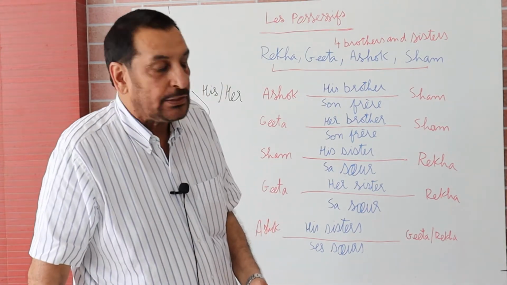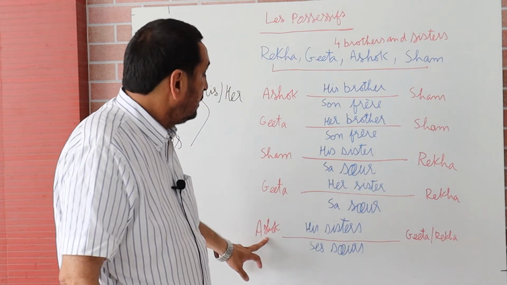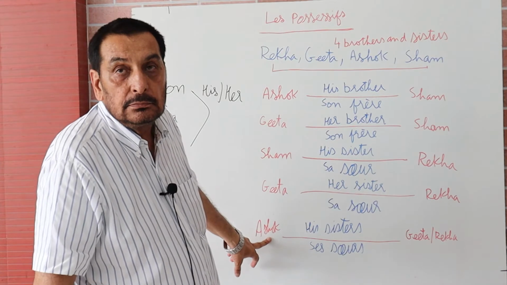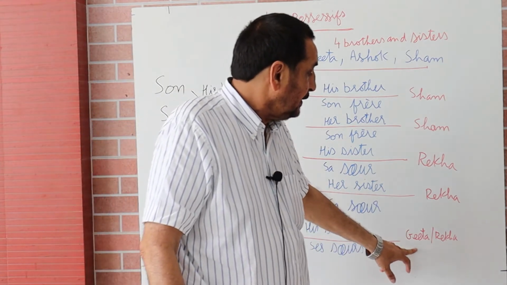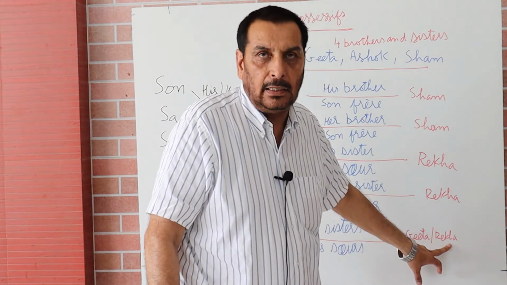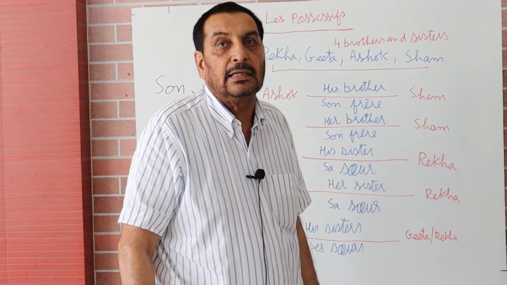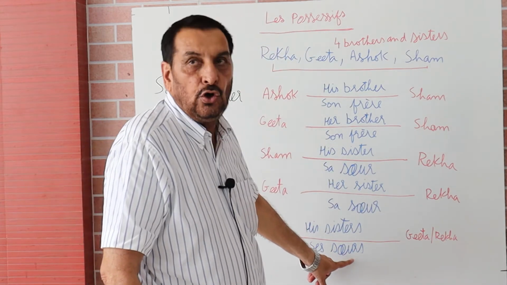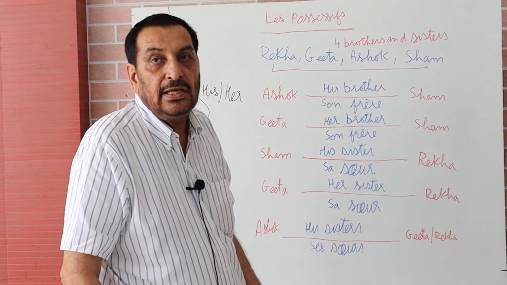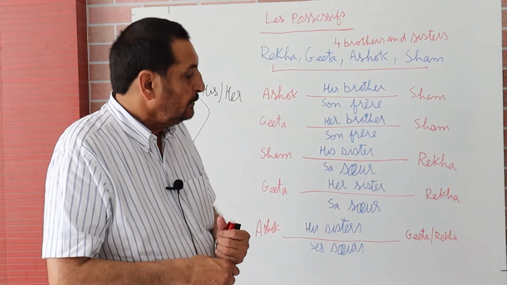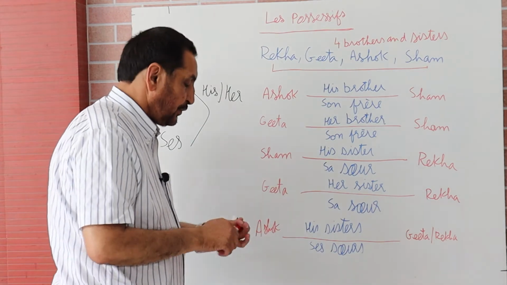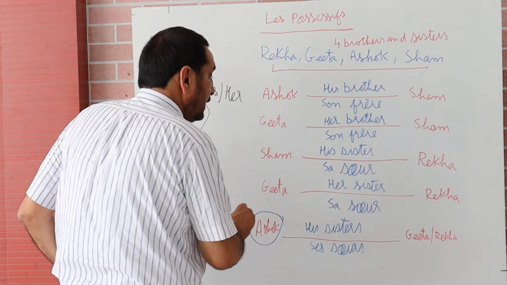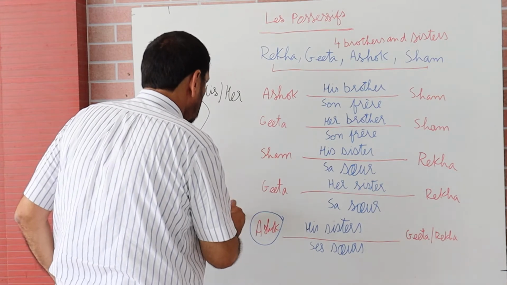Okay, so the same thing is for the plural. For example, Ashok, his sisters are Gita and Rekha. Gita and Rekha. We say his sisters. Ses sœurs. Ses sœurs. If I change, I mean here I write Rekha.